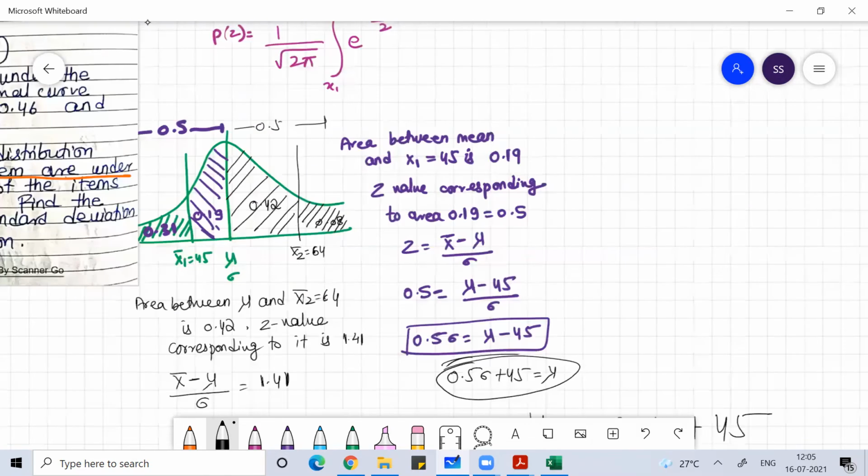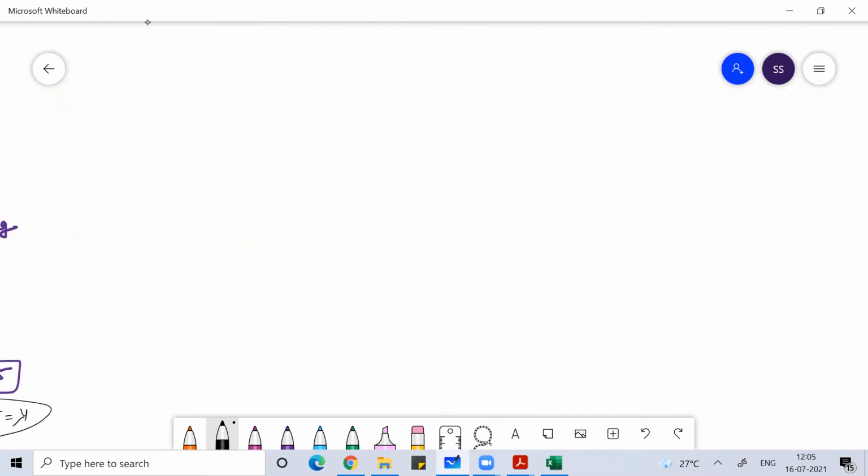Anyone, any doubt? Write down one question and tell me the answer for this problem. Write down this question, everyone.